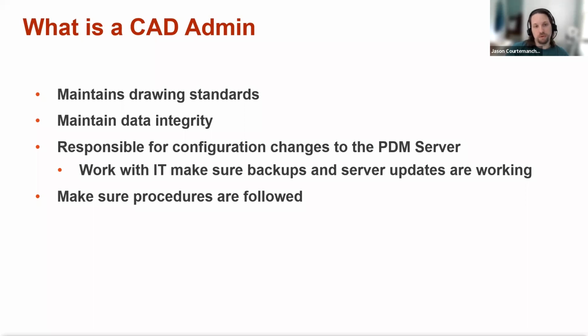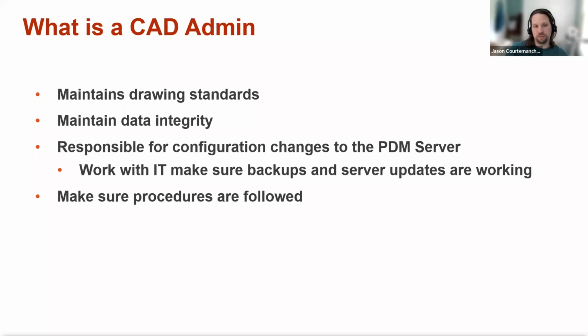Or having the CAD admin see a need and using iLogic or something like that to automate it, to cut down on the time of menial tasks that are repetitive. There's a lot of opportunity, and the CAD admin has the pulse and a really good idea about what everyone's doing, and looks for those kinds of opportunities.